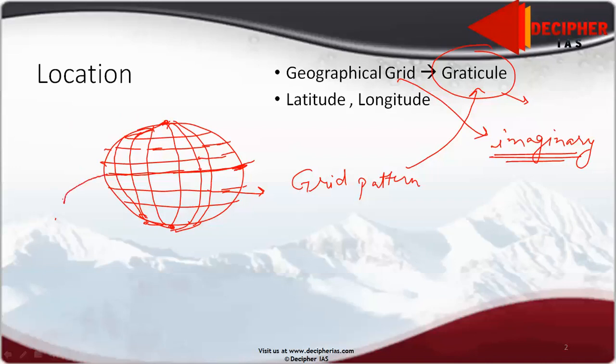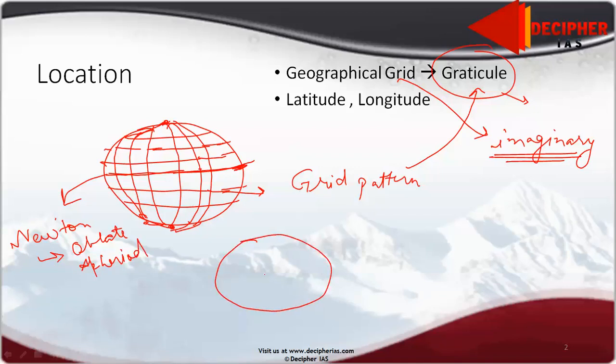The shape of Earth as given by Newton was oblate spheroid. That is, it is extended at the equator and compressed at the poles.